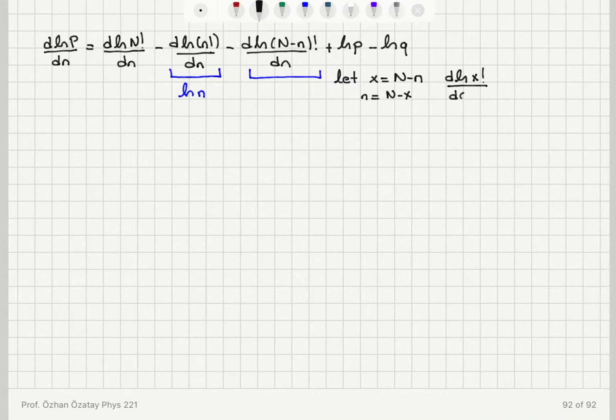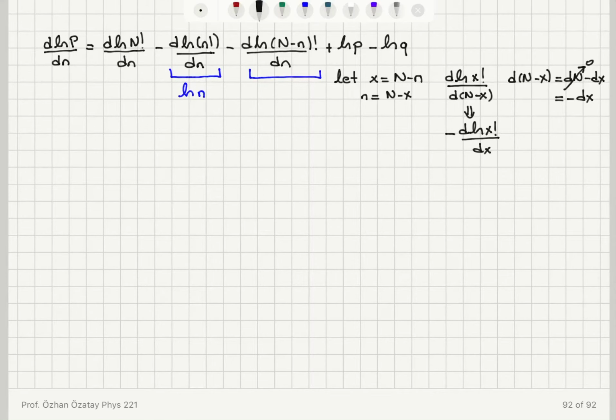So this is d of capital N minus x. So what is the differential of capital N minus x? It is dN minus dx. Since capital N is a number, it's a constant, it is 0. So this is going to be equal to minus dx. So therefore, what I'm trying to find here is minus the derivative of the natural logarithm of x factorial with respect to x.